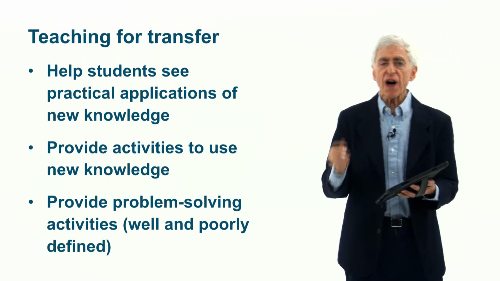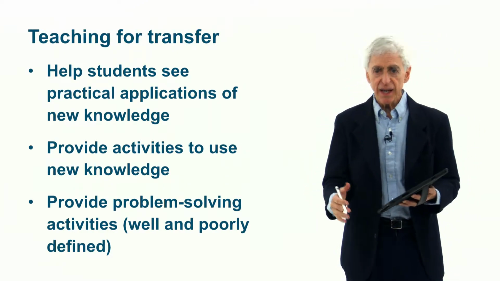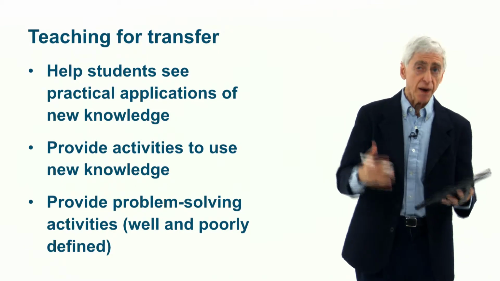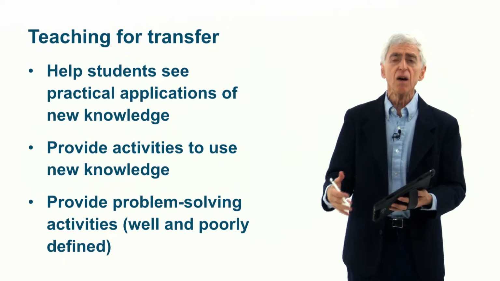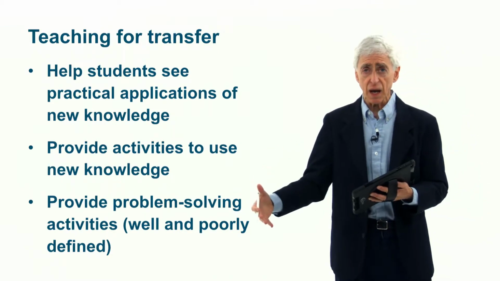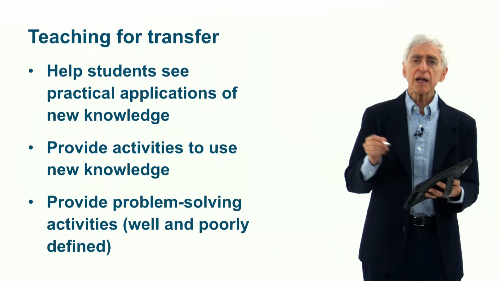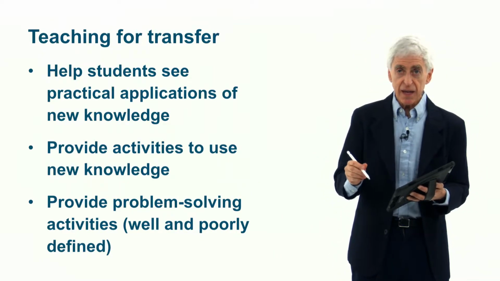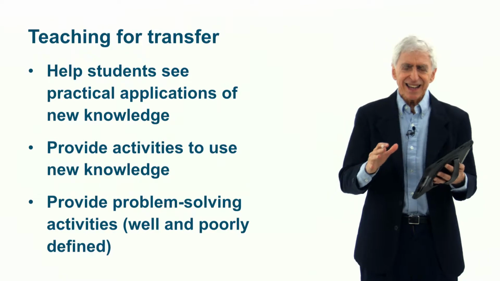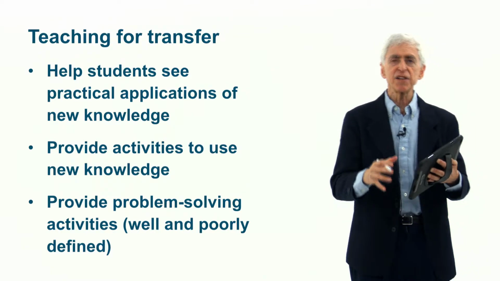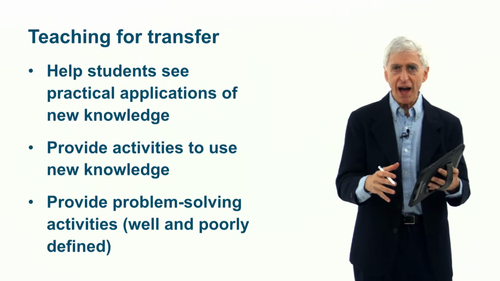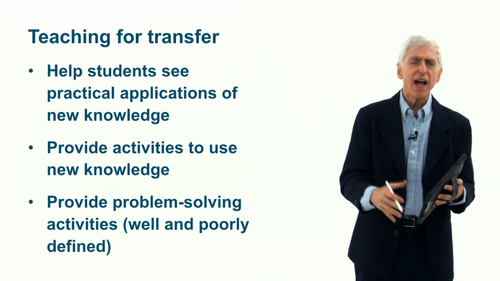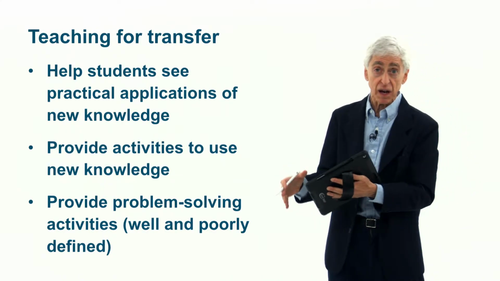A well-defined problem means it's very easy to see what the problem is. It's very easy to see what a possible solution would look like. A poorly defined problem is one where you can't quickly get your hands on it and say, oh, I see what the problem is, and I know exactly what the solution should look like.